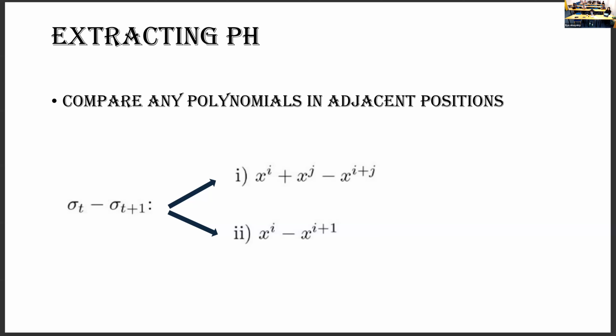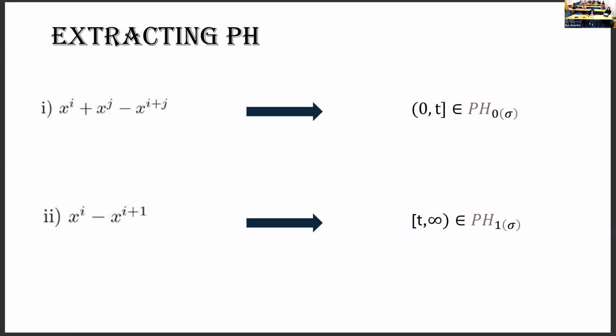In the second instance, we get x to the i minus x to the i plus 1. The edge was added between two vertices within a connected component which didn't have an edge between them previously. So there's a new cycle within this connected component, and that's represented by the new term x to the i plus 1.